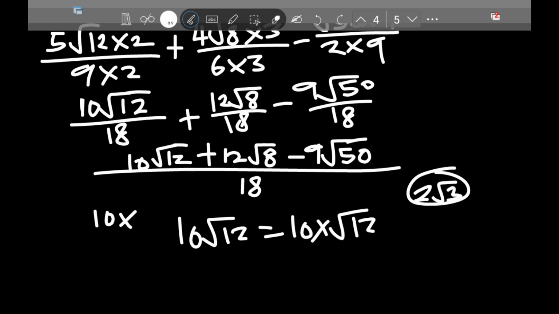So now when you do anything to this root 12, you want to use multiplication to connect this 10 and the root 12 together. So therefore, that's why I wrote 10 times 2 root 3.